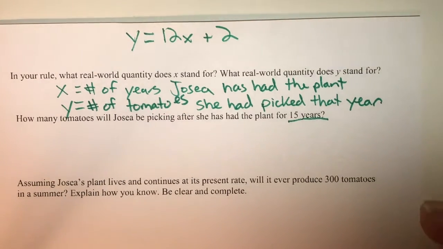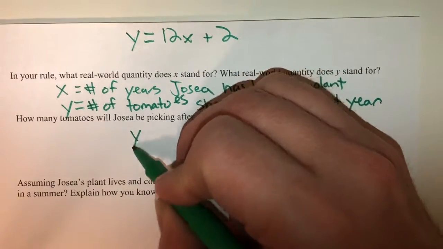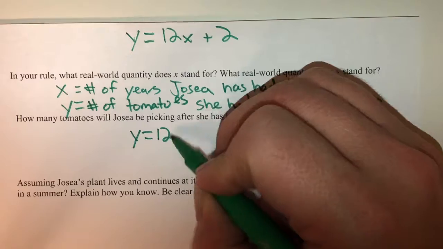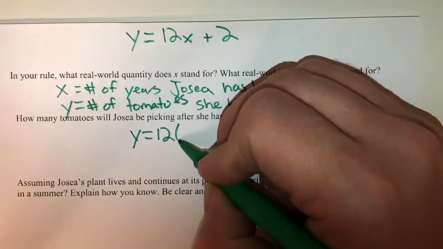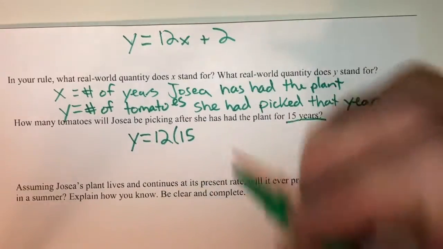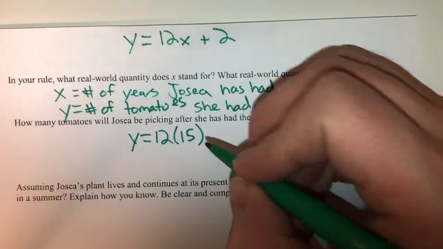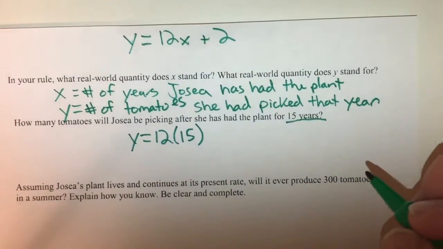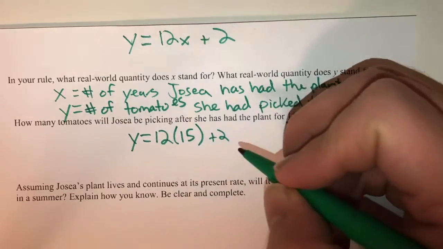So I have to put that 15 in place of the X. So I'm gonna write my equation, Y equals 12, but instead of X, I'm gonna put that 15 in its place. So I have this 15, I multiply it by 12, and then I'm going to add this 2.